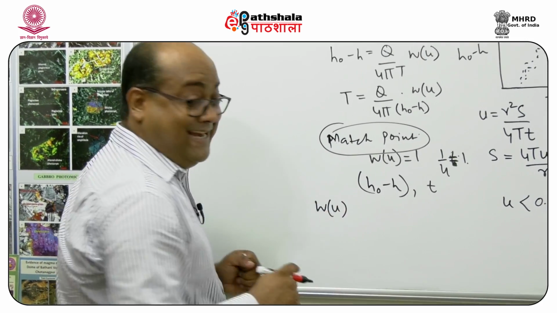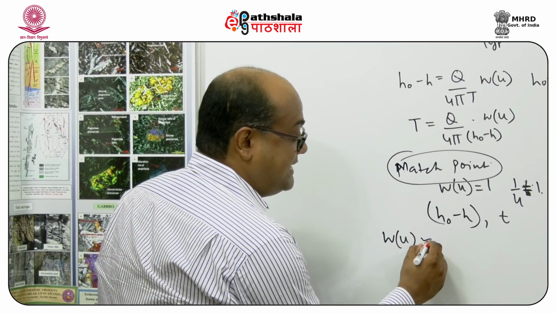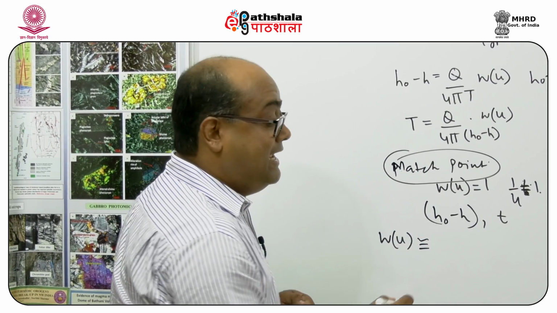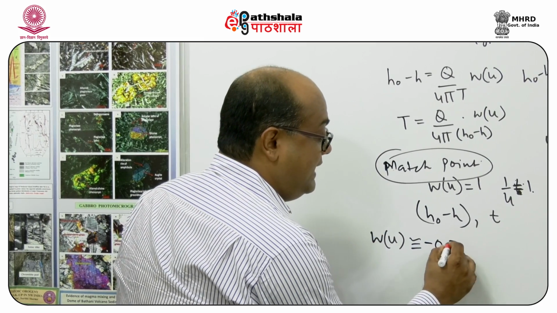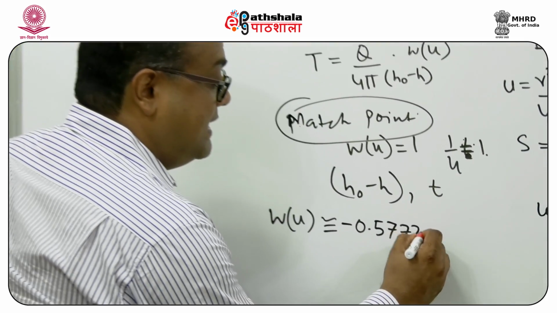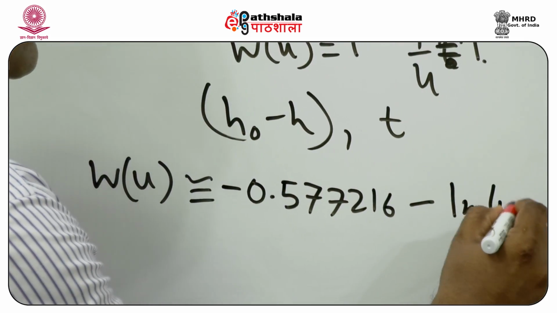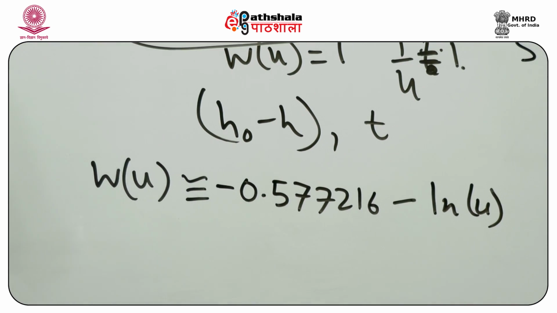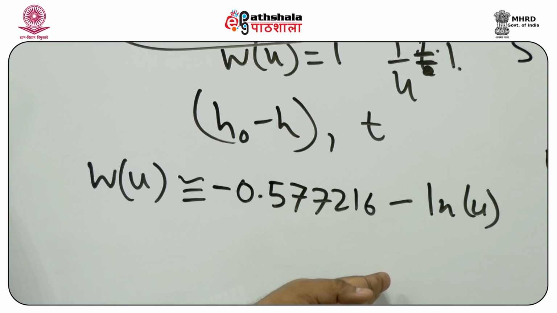Okay, so now if we look at the Theis W(u) function, which was an infinite series, Jacob said that it can be represented by ignoring the higher order terms of the equation, giving a shortened form of the well function.